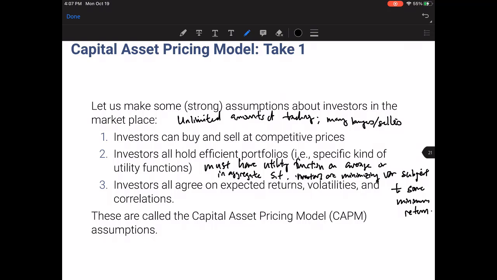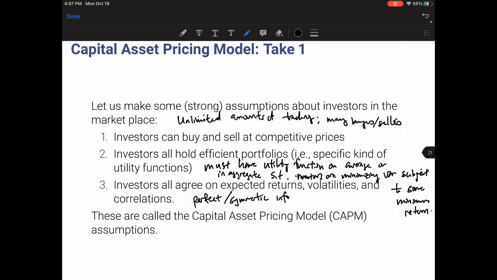So again, what that means is that we're allowing investors to trade until information is sufficiently diffused in the system and nobody wants to change their mind anymore. In other words, information is symmetric or perfect. All right, so under these assumptions, all that portfolio math that we've been talking about can be applied to pricing assets.